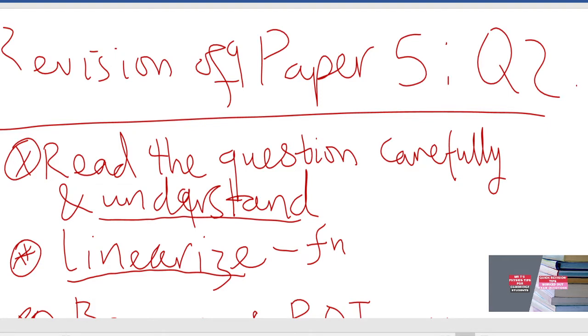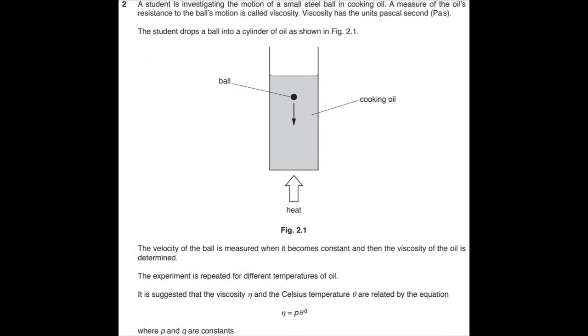So I'm going to give an example. That is the February-March 2019 paper so that you can understand what I'm talking about. In this question, they're saying that a student is investigating the motion of a small steel ball in cooking oil.